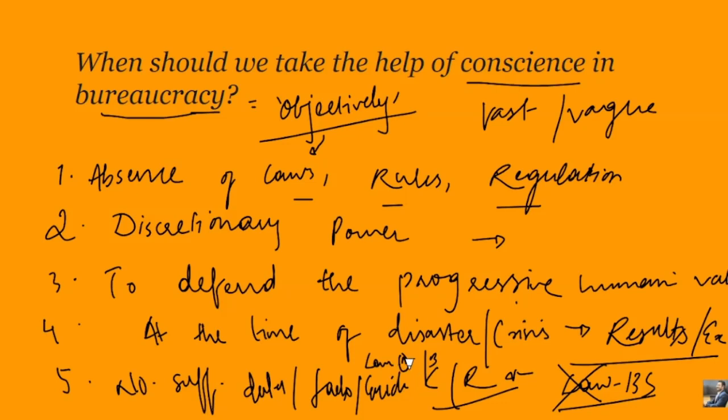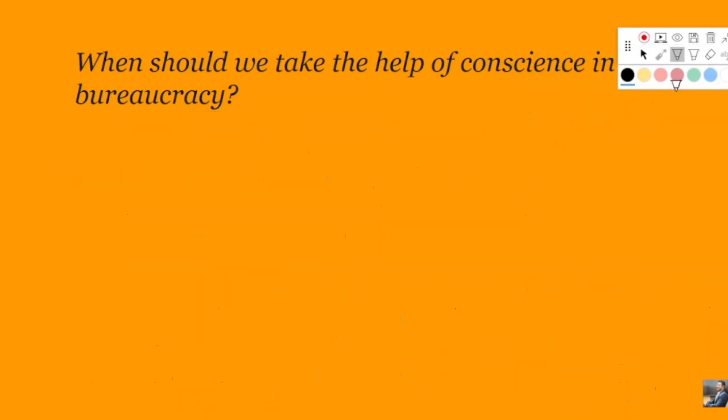Here there is no sufficient data, facts or guidelines to decide whether that particular piece of land belonged to A or B, right? And here the bureaucrat can resort to the help of his conscience. If the intent is good, if the cause is good, then that particular action shall always be justified on moral grounds, right? So this was the idea behind when a bureaucrat can take the help of conscience in bureaucracy, right?